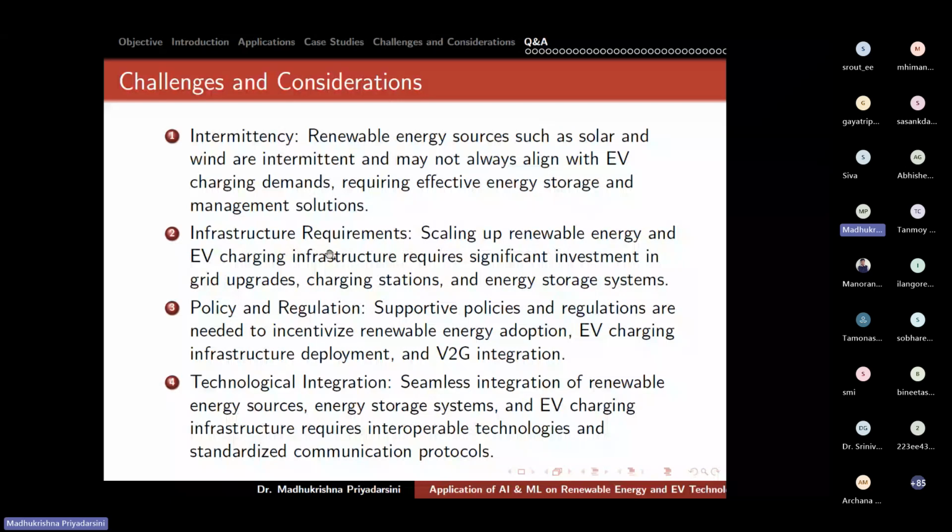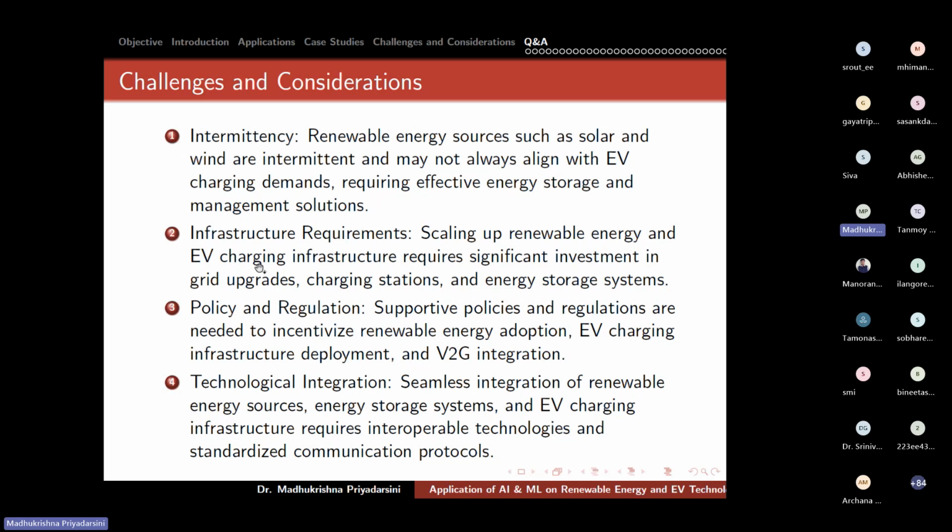Infrastructure requirement: whenever you are going for the scaling of renewable energy and EV charging, it needs grid upgradation, charging station upgradation, as well as storage upgradation. Already we have EV charging stations, but when you are going for the integration of EVs, they need to be upgraded. Similarly, the storage systems also need to be upgraded. So that is another challenge.